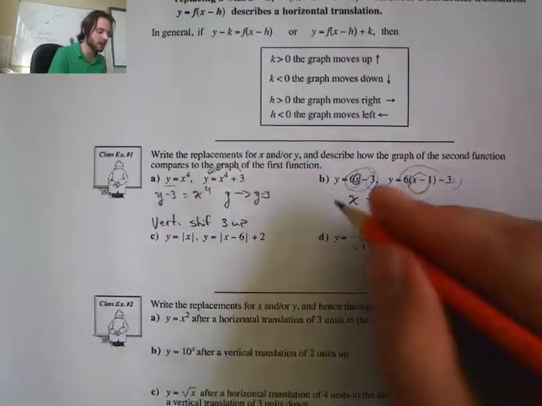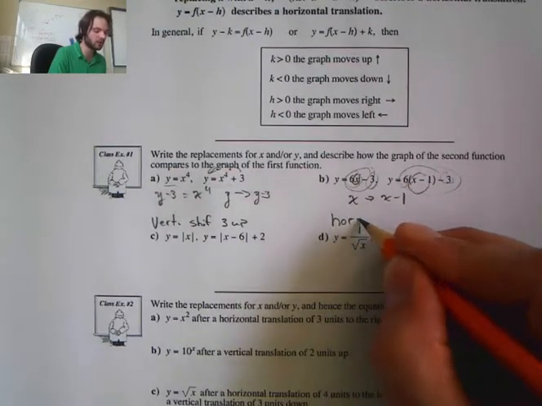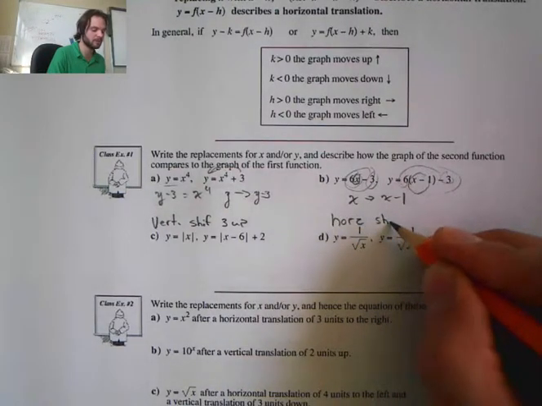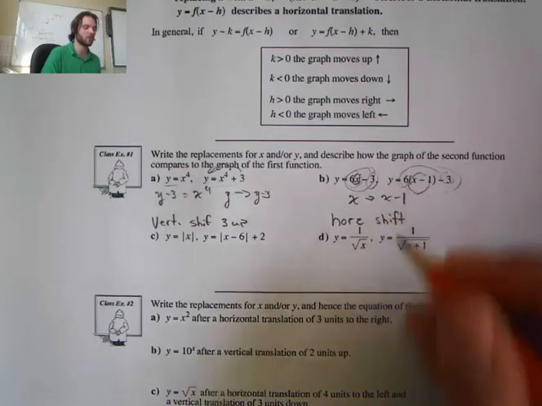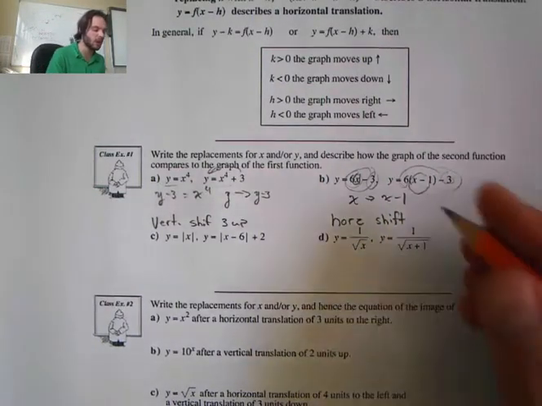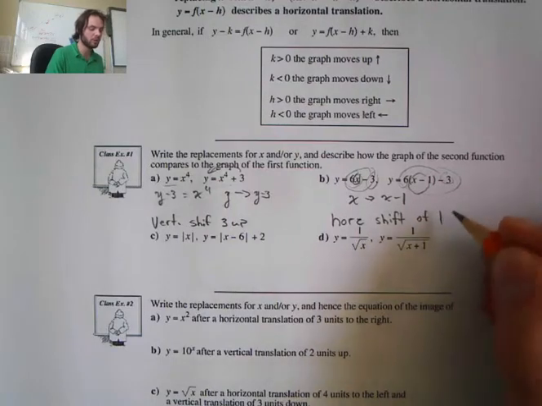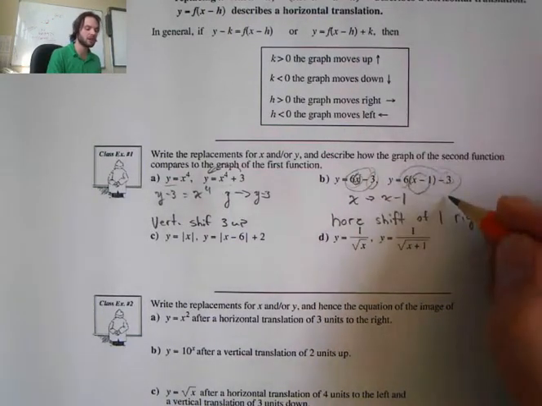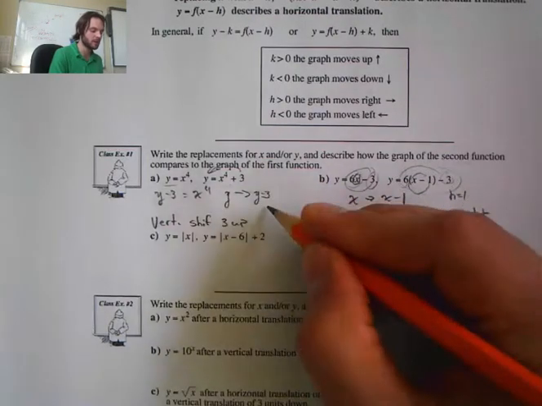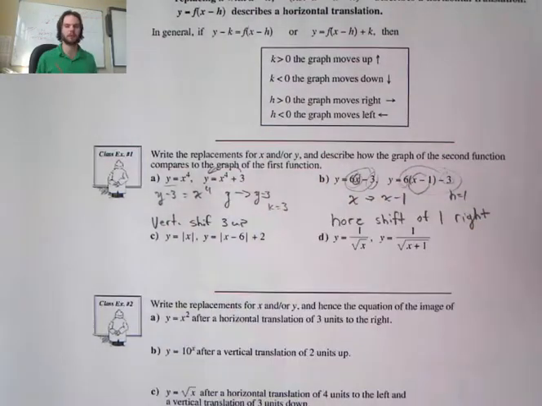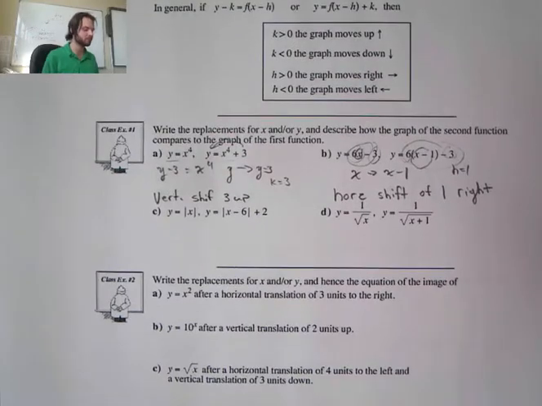So that means we had a horizontal shift or horizontal translation of 1 unit right. Okay? Because here, h is equal to 1, k is equal to 3 there. Alright? Let's take a look at the next one.